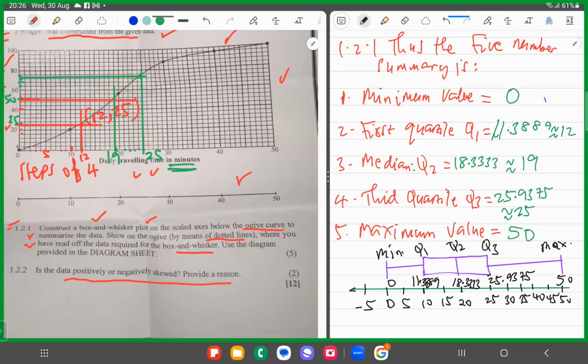So what do you think about this data? We analyze it together in terms of the skewness of the data.